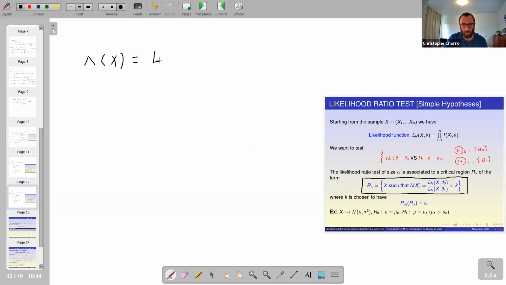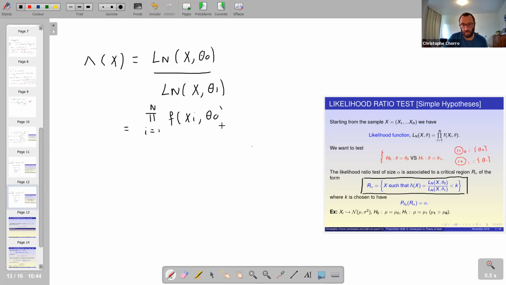That is just ln of x theta 0 over ln of x theta 1. Let me remind you, it's the product from i equal to 1 to n of f of xi theta 0 over the product from i equal to 1 to n of f of xi theta 1.